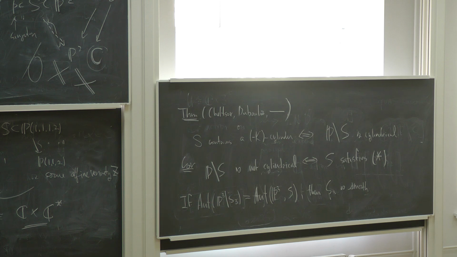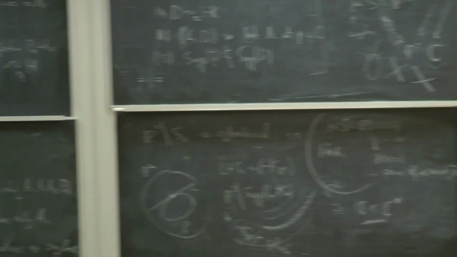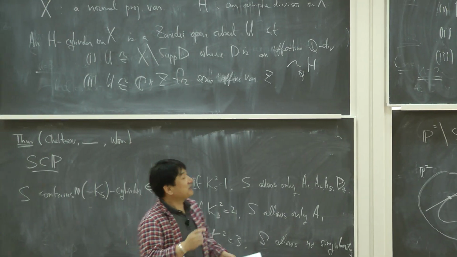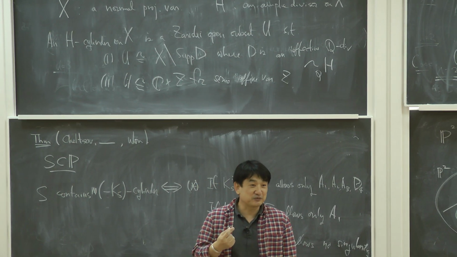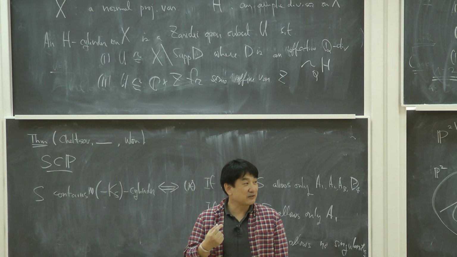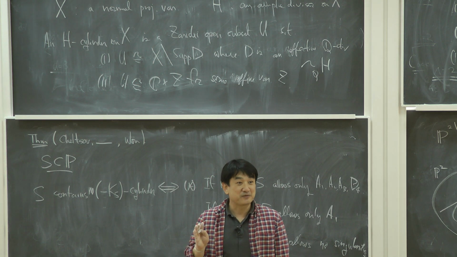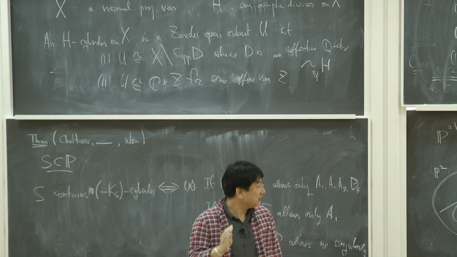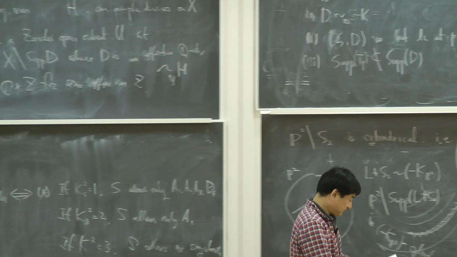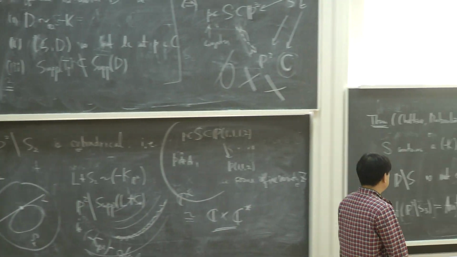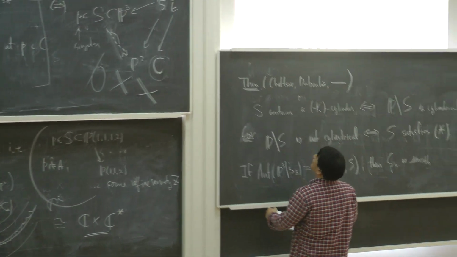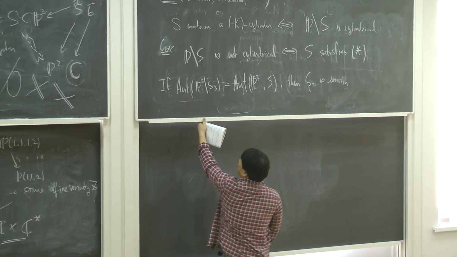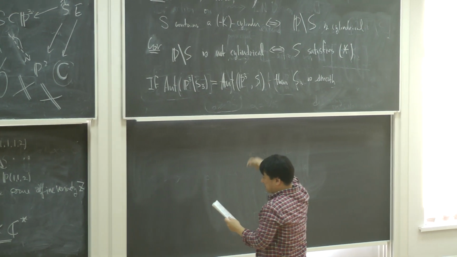If you allow the singularity on the smooth cubic, then the Giza-Tulling's conjecture is wrong. So only the smooth case, only in the smooth case can we expect this Giza-Tulling's conjecture is true.